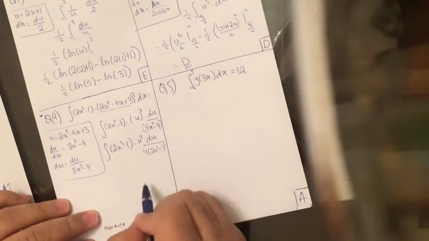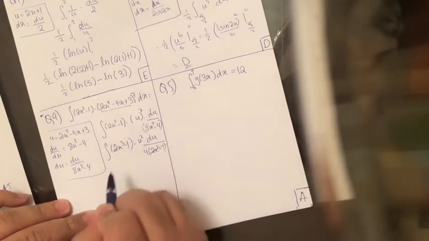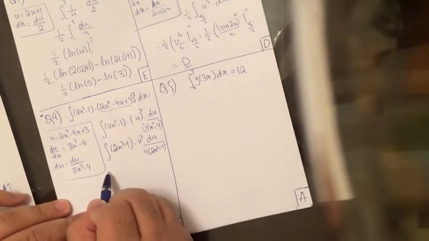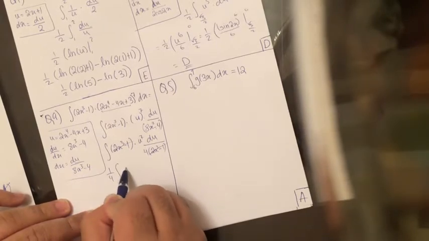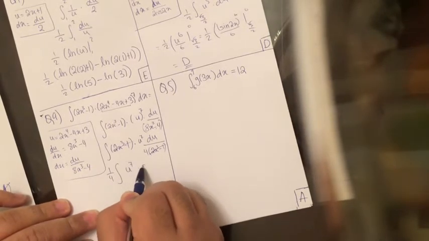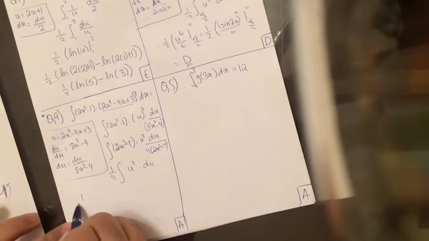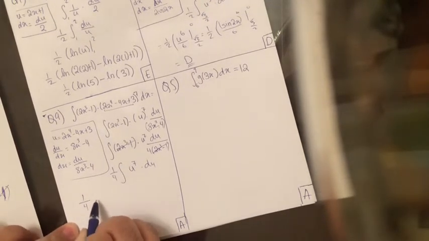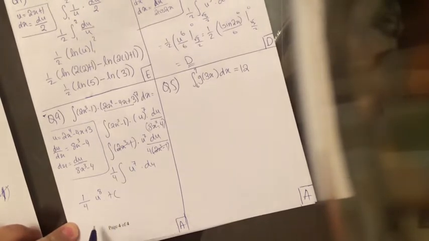It's the same as this one, so we can cancel here. And 1 over 4, we can take it outside, 1 over 4 integration u to the power 7 du. 1 over 4, sorry, u to the power 8 plus c.